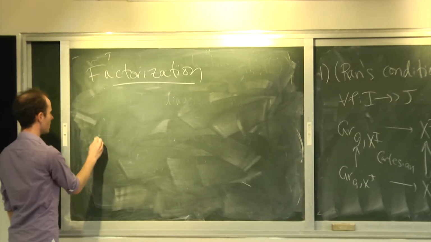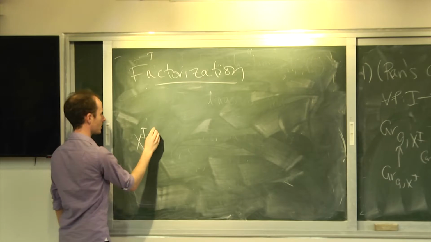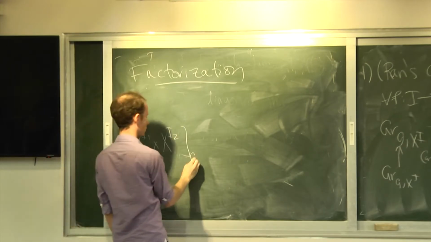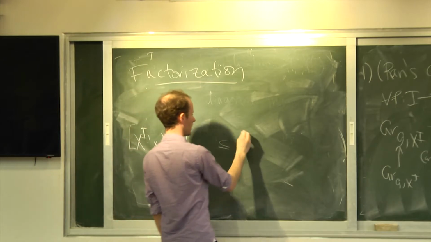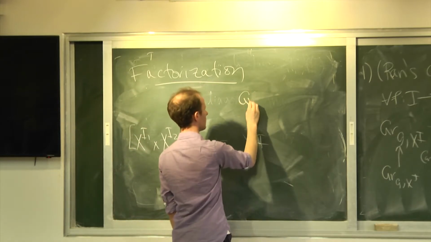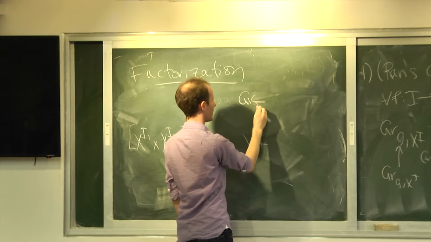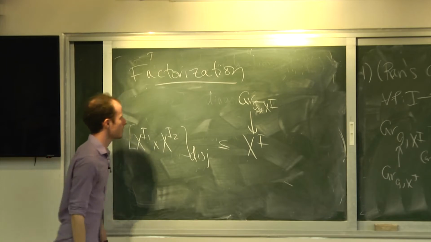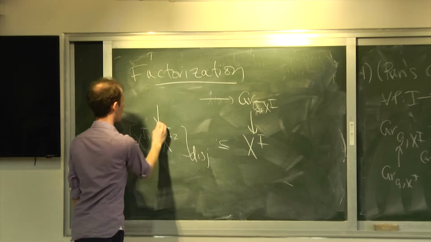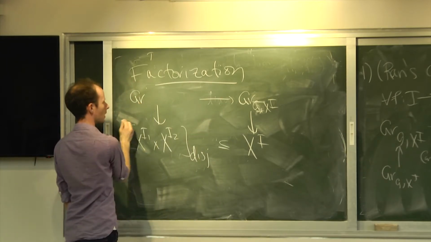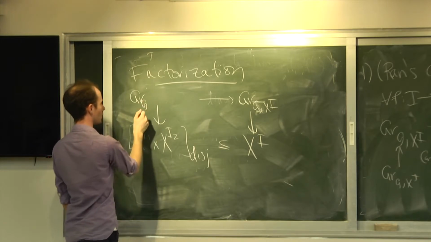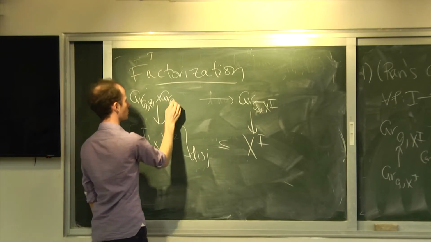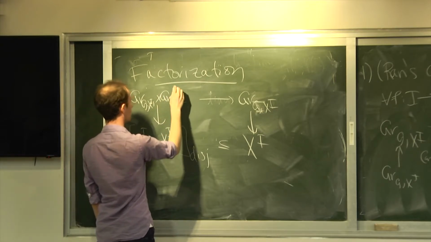So what this factorization condition then says is that if you take x^I1 times x^I2 disjoint inside of x^I, and then you take the affine Grassmannian mapping over this x^I, then I can form the fiber product right here. And what the fiber product will be, I claim, is Gr_{x^I1} cross Gr_{x^I2}.